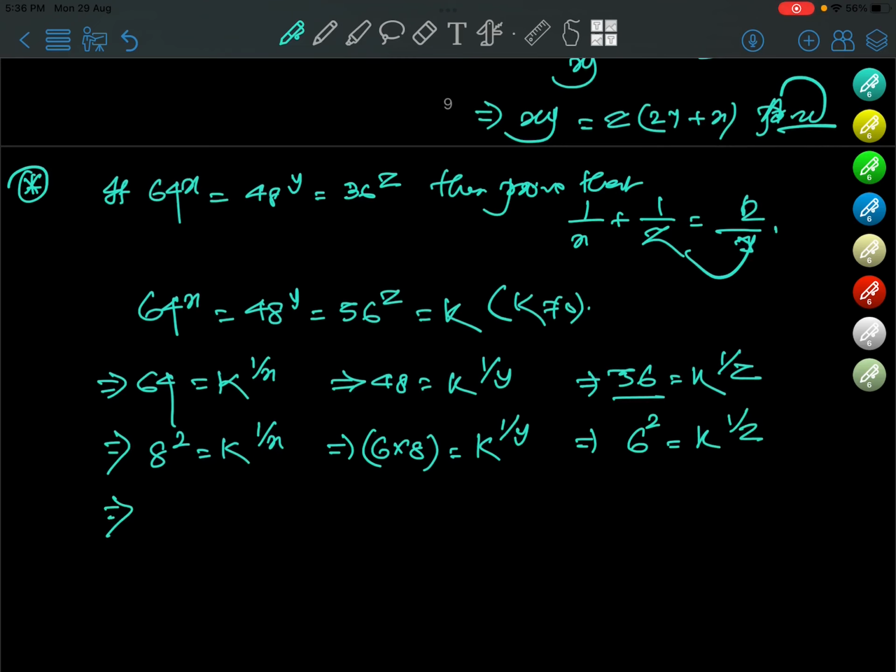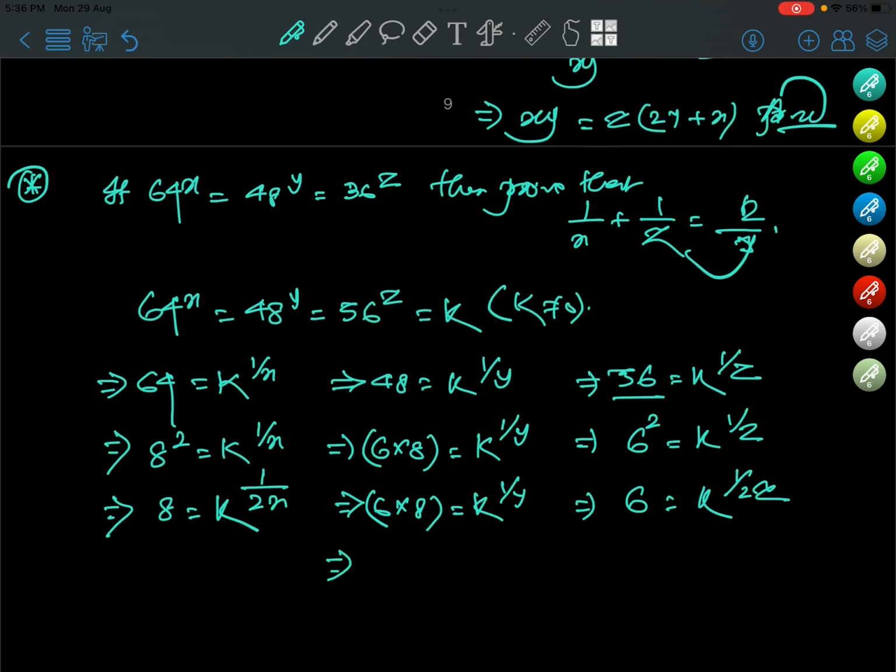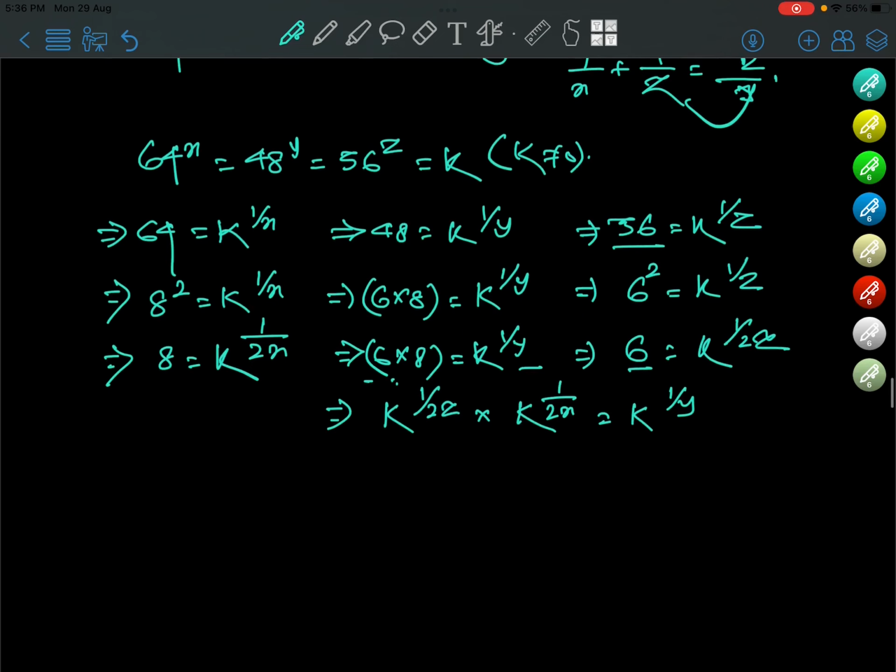Now we can write 8 as k to the power 1 by 2x, equal to 6 into 8 equals k to the power 1 by y, and 6 equals k to the power 1 by 2z. Now we will put the value of 8 over here and the value of 6 over here. Now 6 equals k to the power 1 by 2z into 8 equals k to the power 1 by 2x equals k to the power 1 by y.